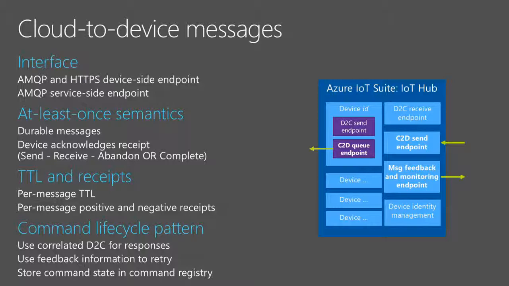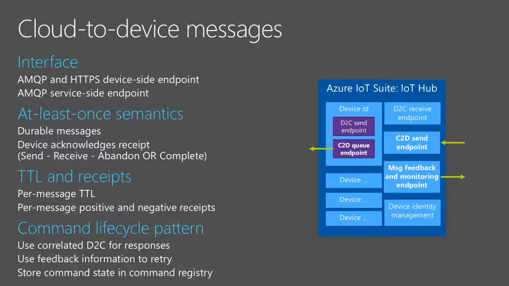So in the sample, I actually created this command store that does that in a very simple way, but it is a pattern that we are considering and developing for. So not only can you have correlated responses, but also everything else that results from that response, maybe a retry, maybe the abandonment of a specific command, can be stored and tracked.